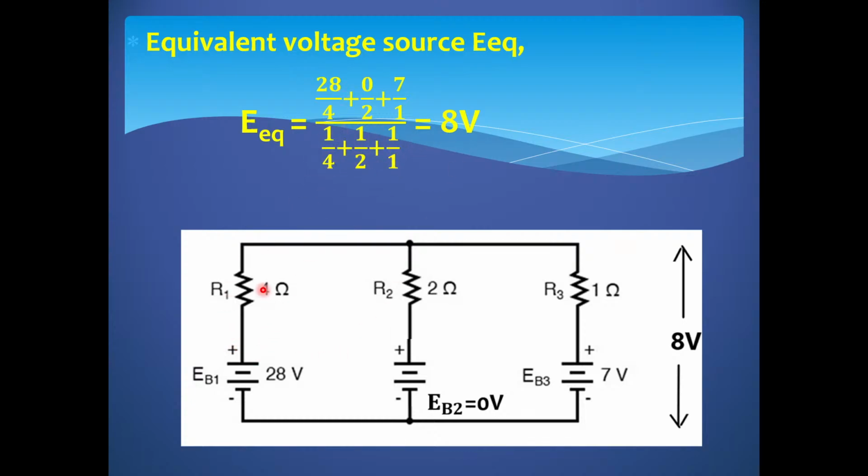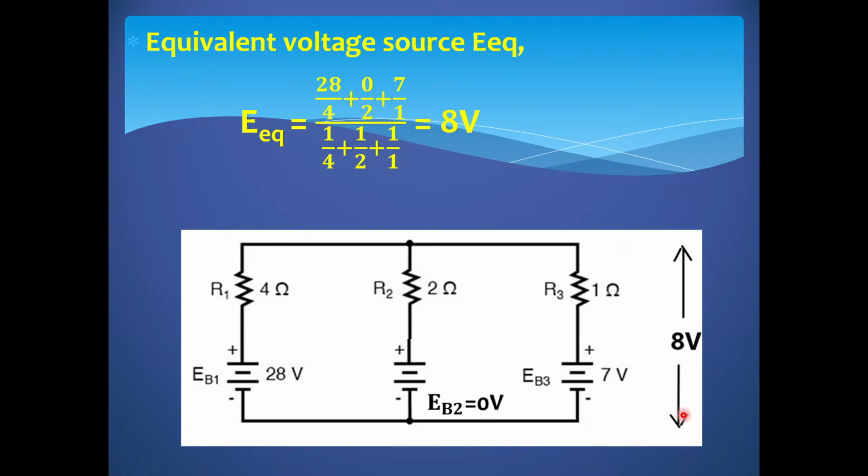In this circuit itself, all the elements are there. I hope you are able to follow. So what is our equivalent voltage source value? Now it is 8 volts. What is the equivalent voltage? It is the voltage across the parallel branch.